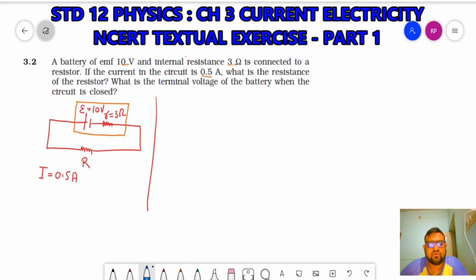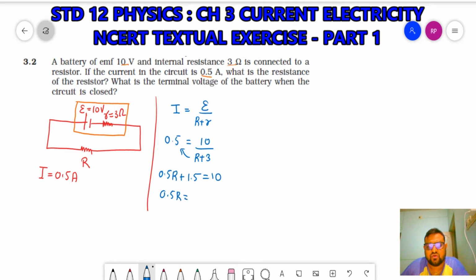Now we know that the formula for the current flowing I is equal to epsilon upon R plus r, right? So 0.5 equal to 10 upon R plus 3. So cross multiplied, 0.5 R plus 1.5, 0.5 times 3, equal to 10.